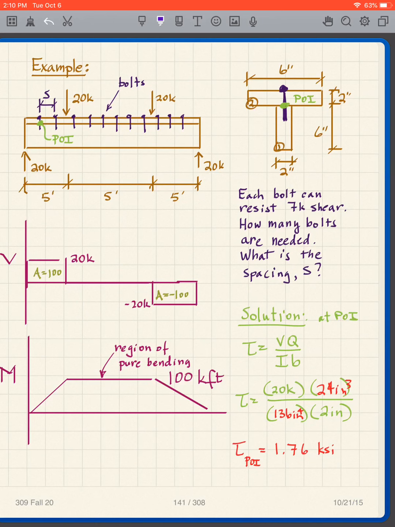Space all the bolts equally. So I pick a point of interest that gives me the shear of 20 kips. I could have chosen over here, it's fine. We're not that concerned about the sign for this. Take the maximum absolute value. So V is 20 kips.